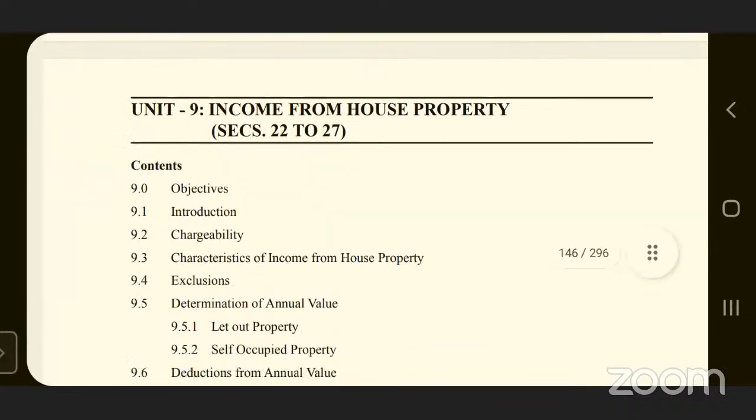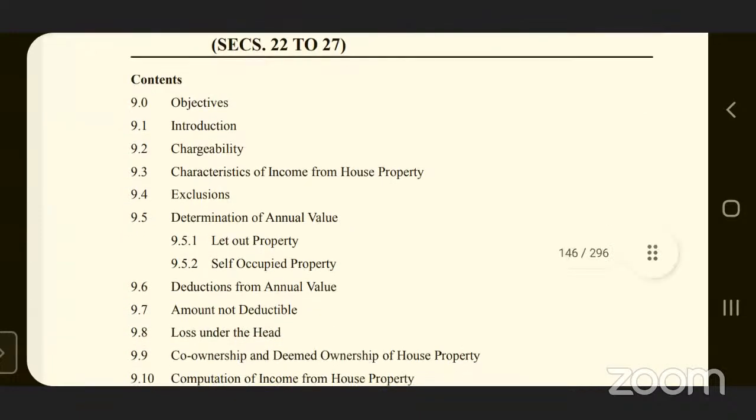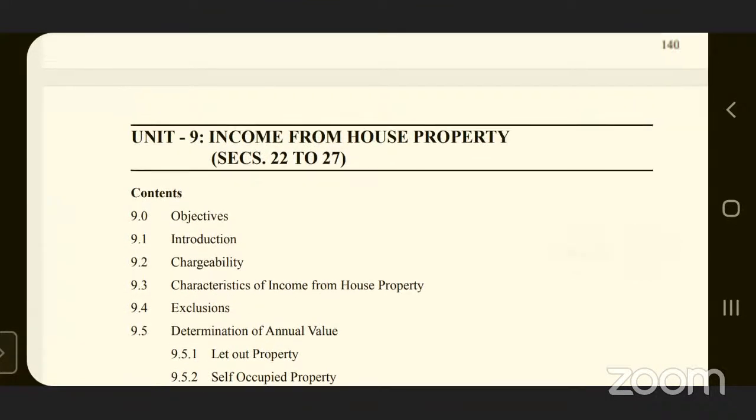Here, when an owner lets out a particular house on rental basis, whatever amount he is receiving as rent from the tenant is considered as income from house property. Here there is a distinction between selling of a house and letting of a house.